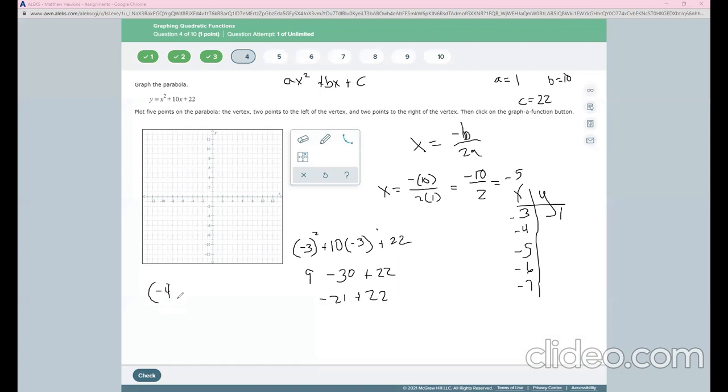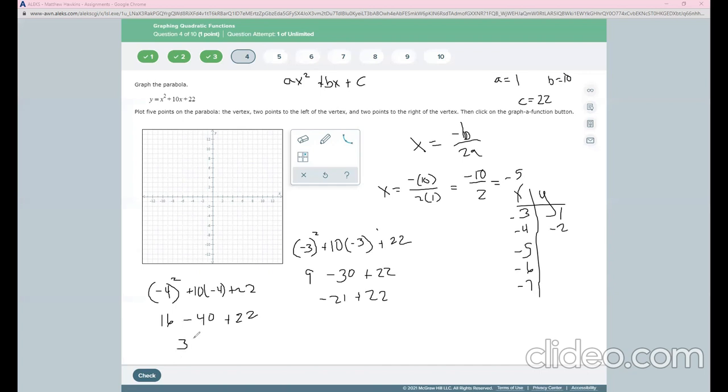So it's negative 4 squared plus 10 times negative 4 plus 22. So negative 4 squared is negative 4 times negative 4. That gives me a positive 16. 10 times negative 4 is negative 40 plus 22. 22 plus 16 is 38. And then 38 minus 40 gives me negative 2.